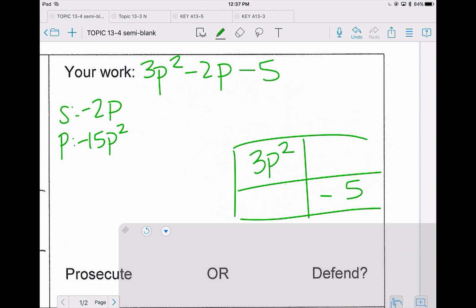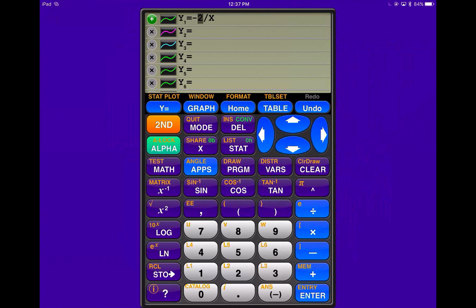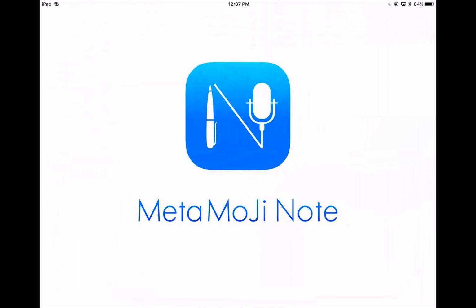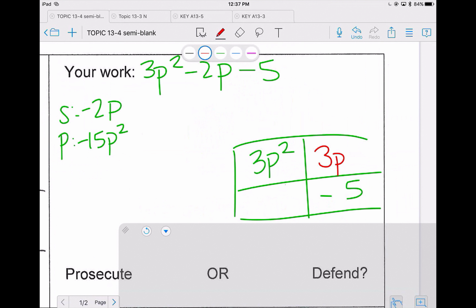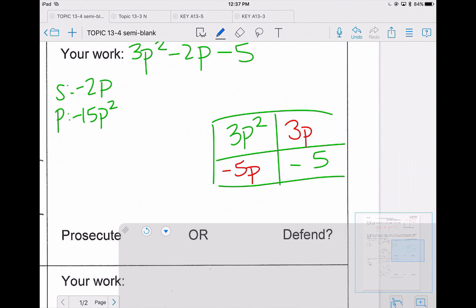So I take my product and put it in y equals. And I look at the table for two numbers, an x and a y, that will add to a negative 2. 3 minus 5 would give me negative 2. So I put 3 and minus 5. Both of these have p's. I take out what they share.